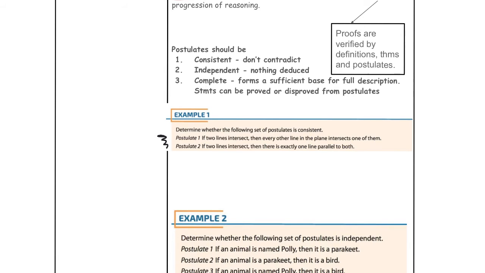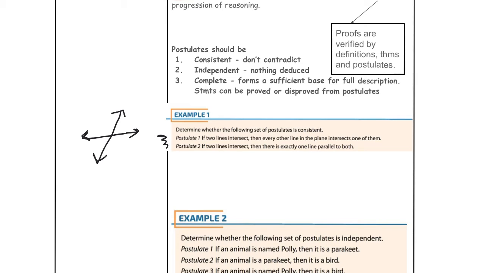If I'm thinking about my paper as a plane, and two lines in a plane intersect like this, then every other line in the plane intersects them. Remember, we're not proving it true, we're just taking it. The second postulate says if two lines intersect, then there is exactly one line parallel to both.